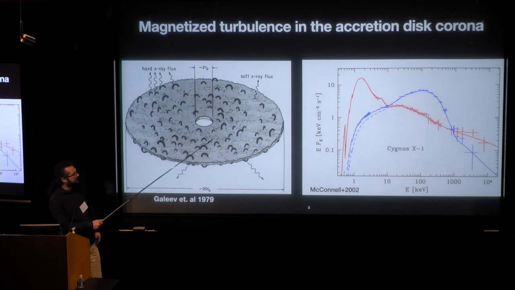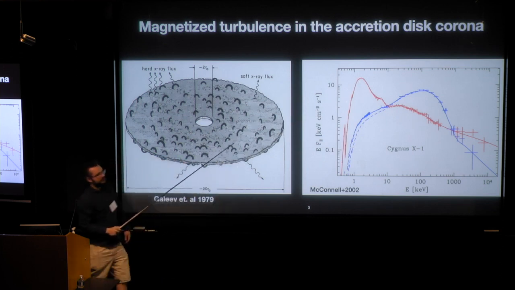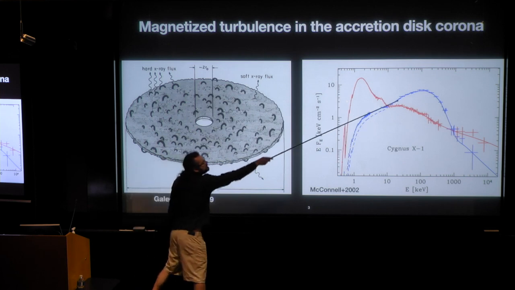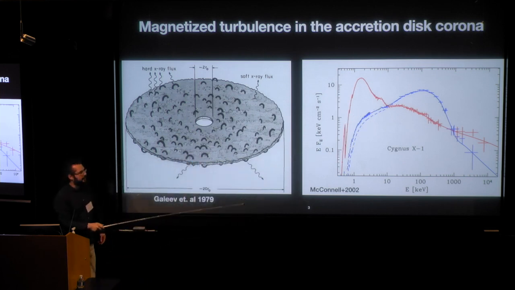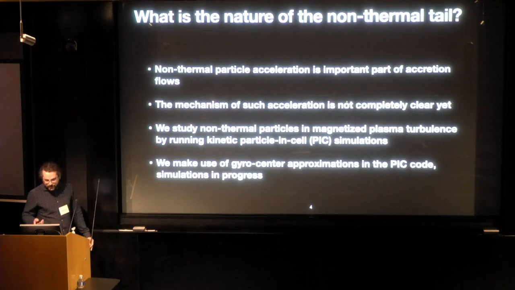We only assume that this separate component is probably the accretion disk, and this is the hot corona, this componentized high energy thing, and also this power law tail. So we are interested in this non-thermal particle mechanism because we want to understand accretion flows.